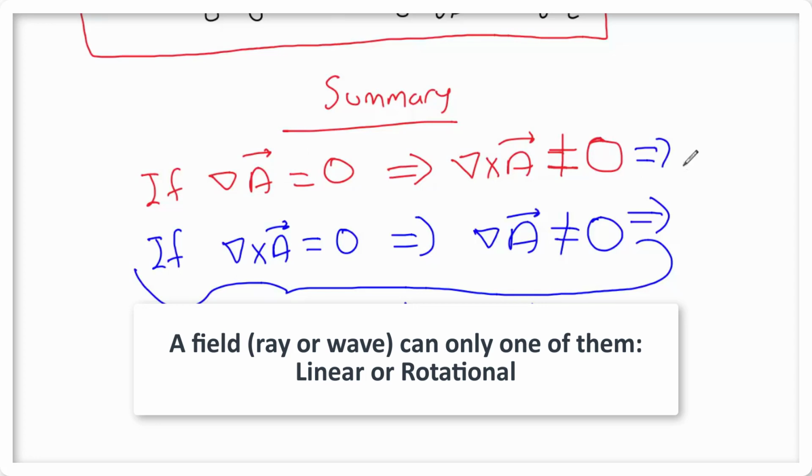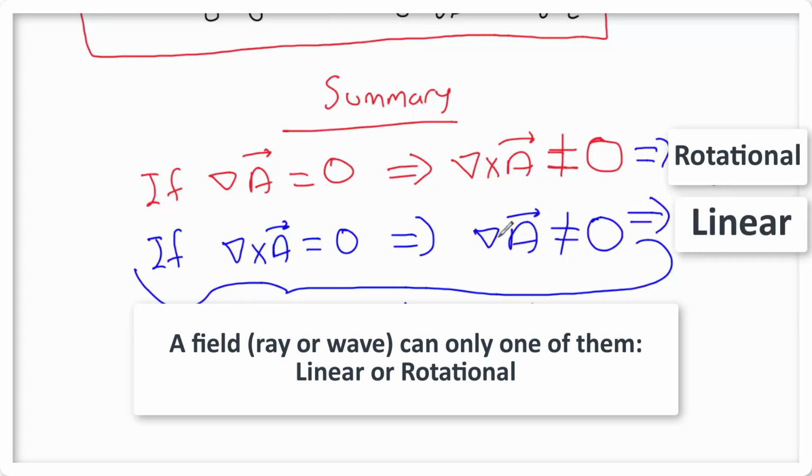Likewise, if it could not pass the cyclical test and gave a result of 0, and here it passed the linearity test, that is, it gave a non-zero result, then it is linear, guys. We have summarized it this way, friends.